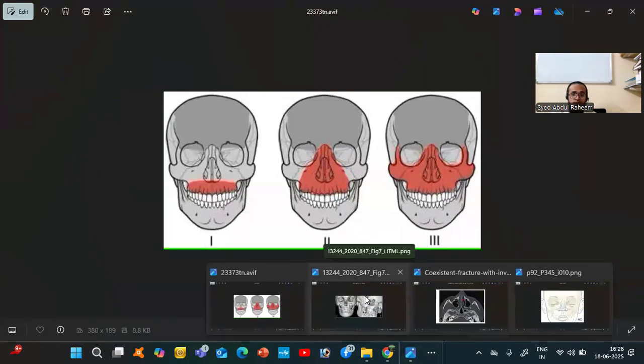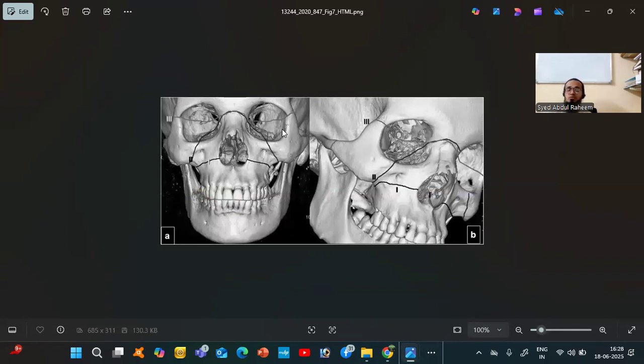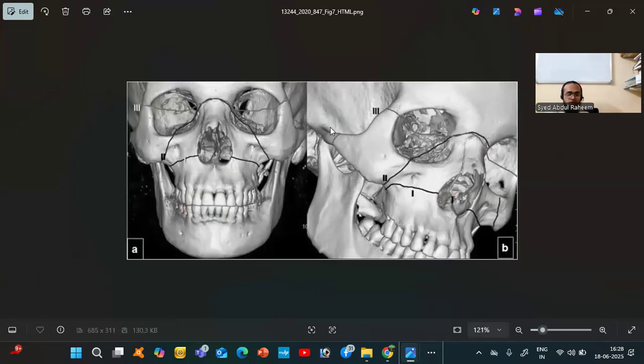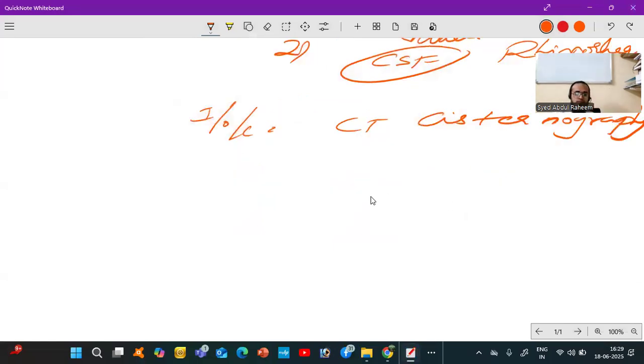This is the 3D image, which shows the facial bones very clearly. Here some fractures happened to that patient due to trauma, RTA, or head injury. Okay.